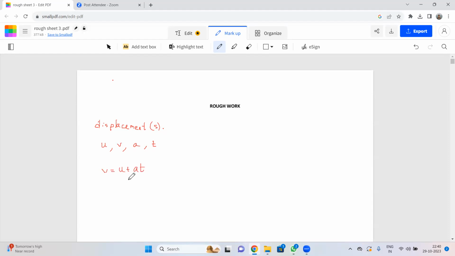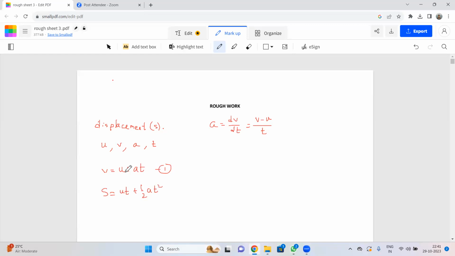We know acceleration is dv by dt, where dt is the time change, that is t, and dv is the final velocity minus the initial velocity. From this expression we get v equals u plus at. Then we have s equals ut plus half at square.